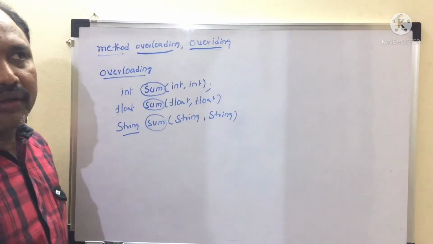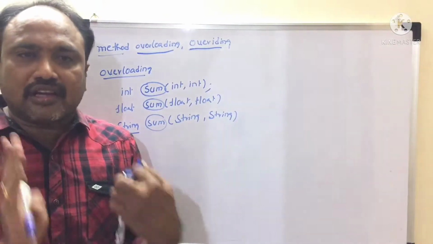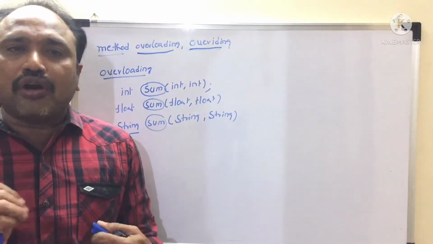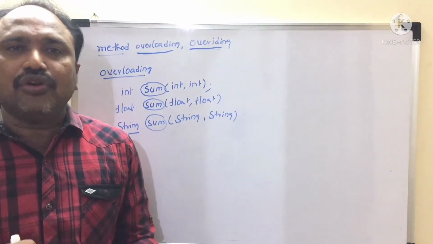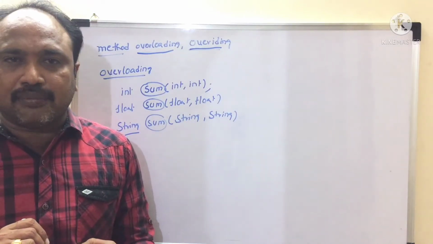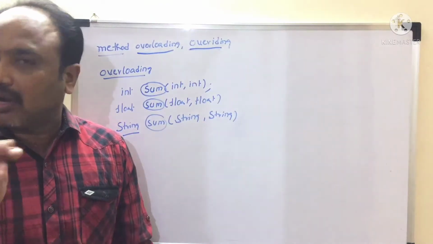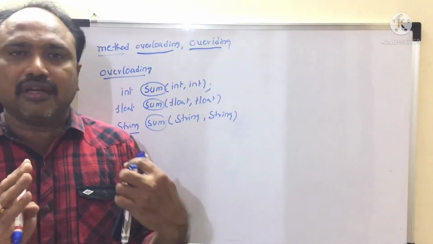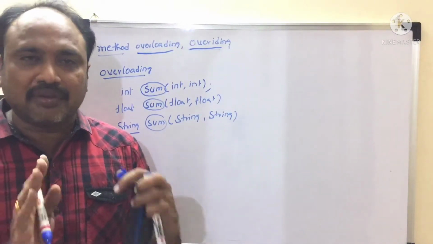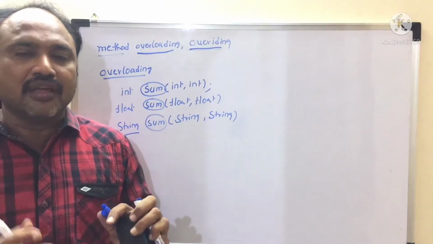For example, being a student, I will ask you, students, you have to submit the Java assignment, you have to submit the DBMS assignment, you have to submit the statistics assignment on Monday. Assume like that. Then what will you tell?